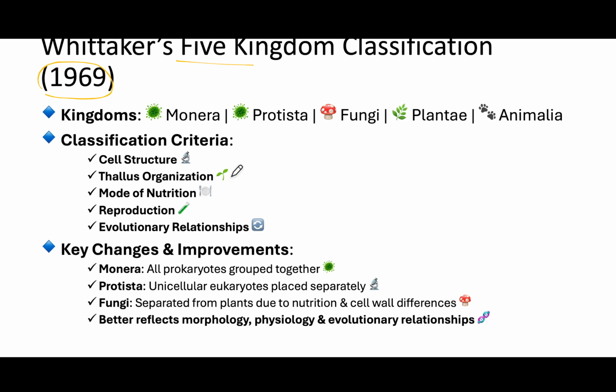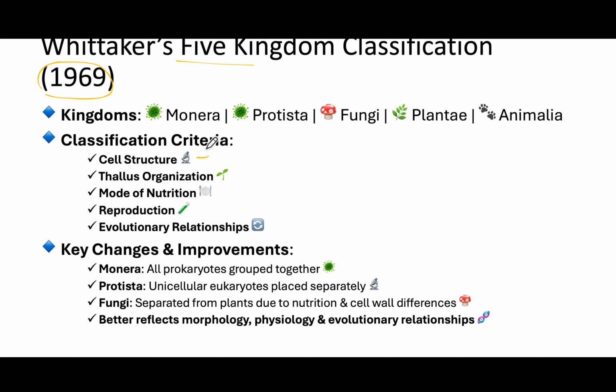He classified organisms by cell structure, whether it is prokaryotic or eukaryotic, whether it is single cell, tissue, organ or organ system. Next is mode of nutrition, whether it is autotrophic or heterotrophic. Reproduction and evolutionary relationship were also considered while classifying organisms.